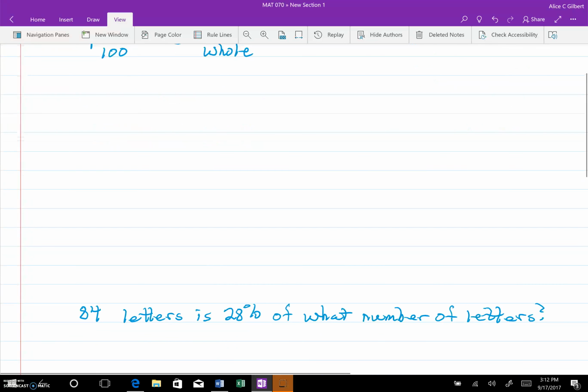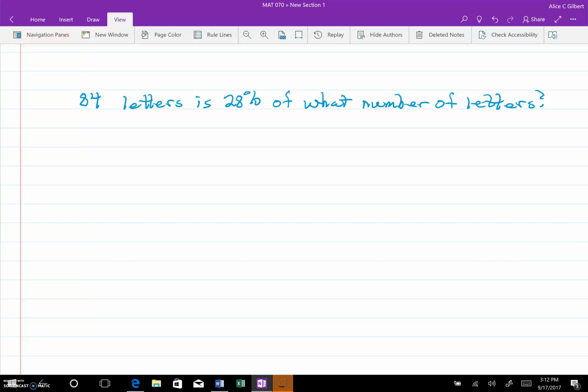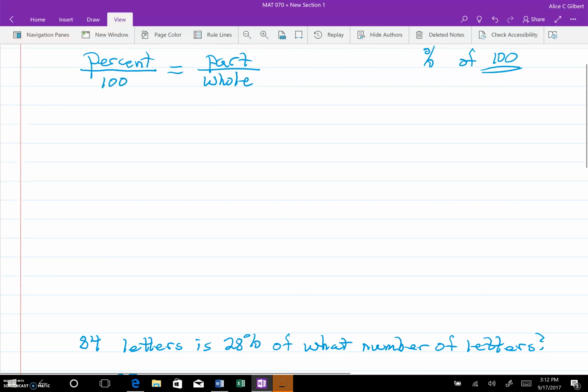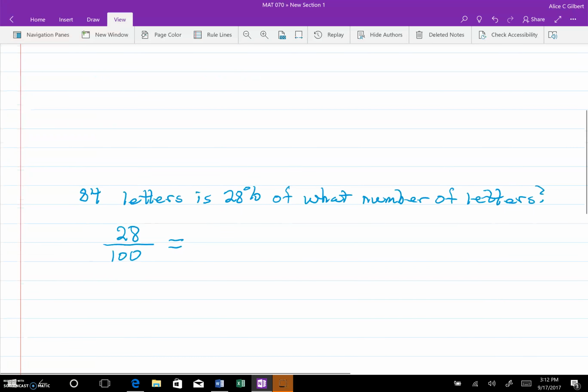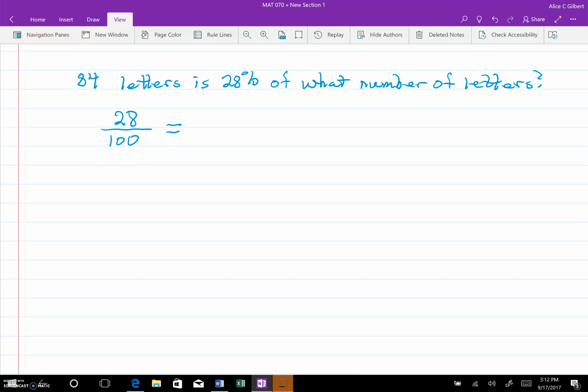So let's look at this example. 84 letters is 28% of what number of letters? Well, I've got 28, that's my percent, over 100. Okay, see this? Percent over 100 equals part over whole. So now the hardest part is figuring out what is my part and what is my whole.